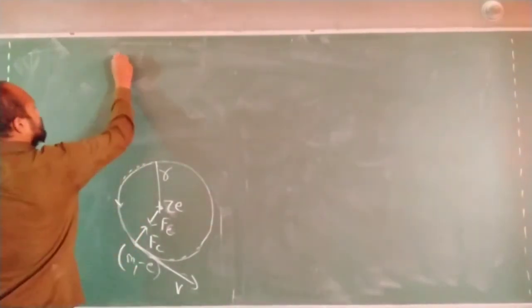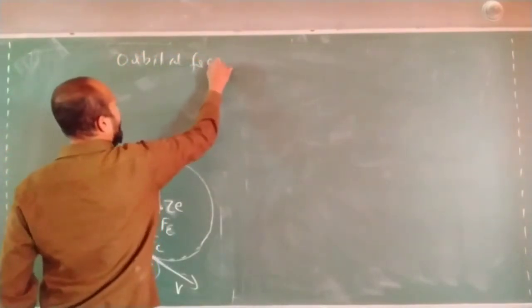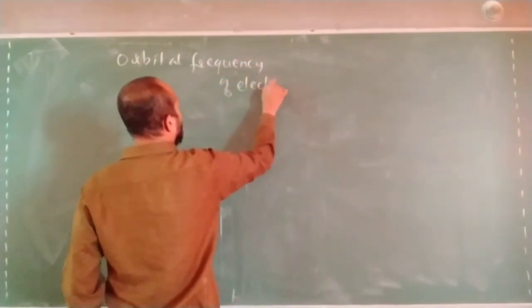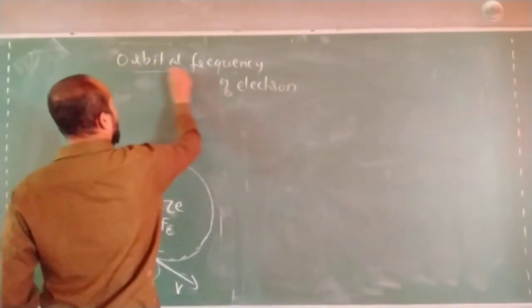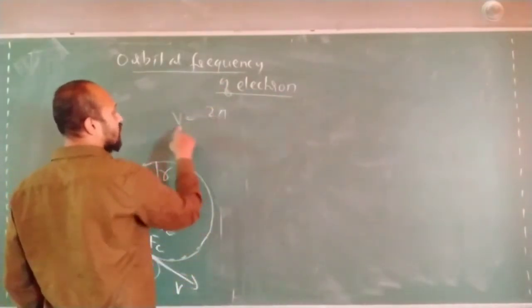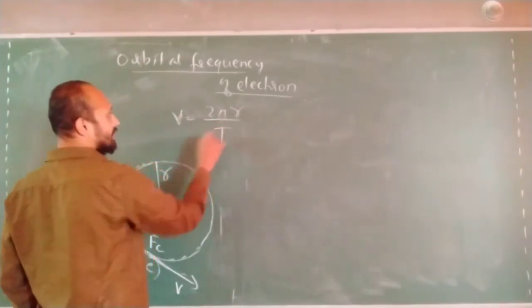One more relation we have: orbital frequency of electron. The speed of an electron is given by 2 pi r divided by the time period.